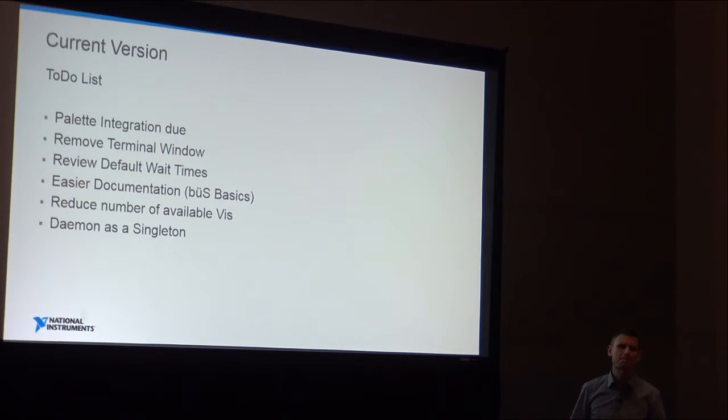I have a bunch of available VIs because this bus supports U8, I8, 16-bit, 32-bit, single-precision float values, 64-bit integers, strings, and stuff like that, and two different addressing modes.